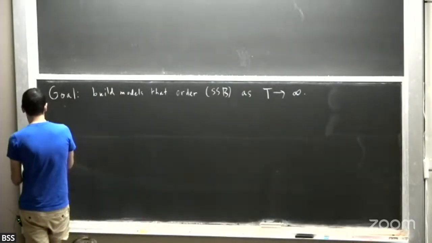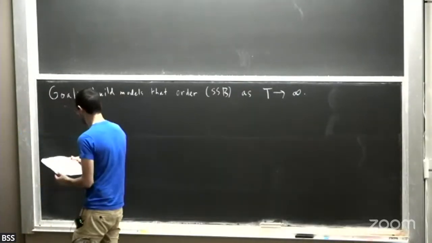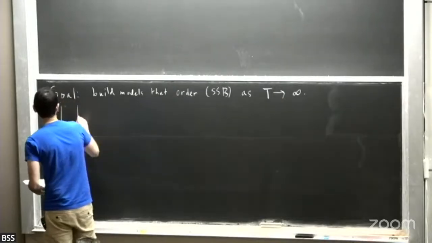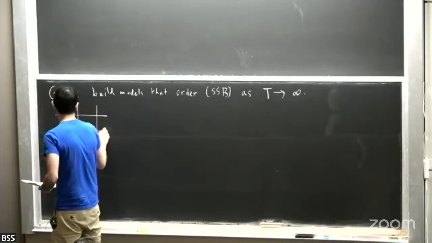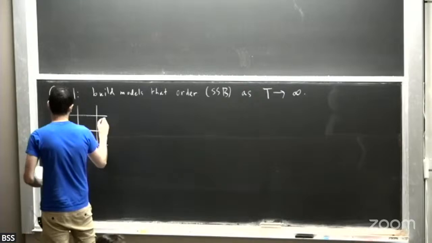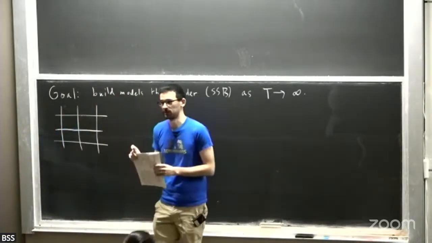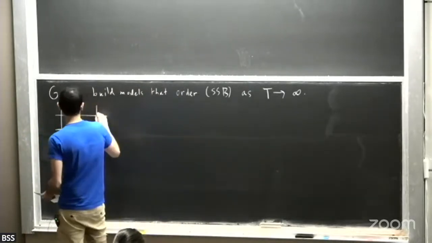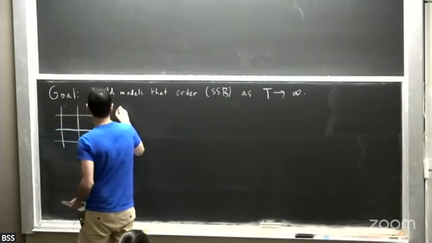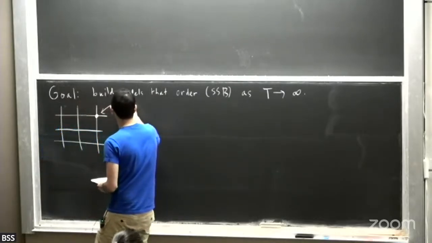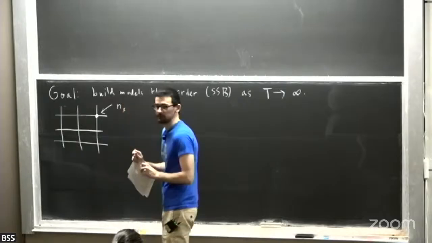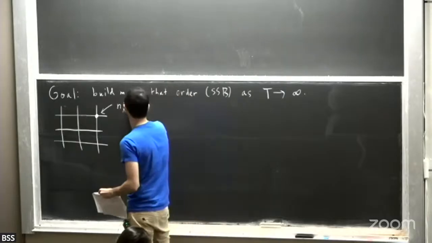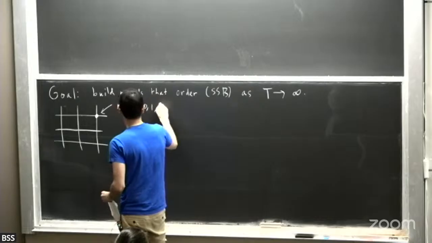So with this goal in mind, at the end of the last lecture, I had discussed a model of interacting bosons on a 2D square lattice. At every lattice site, I have some variable nx, which is a non-negative integer.